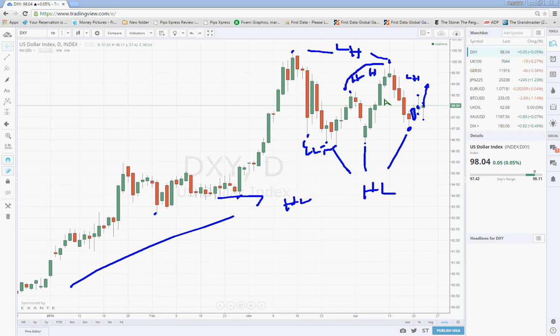So either one, to retest this low or that low to create this formation, or now back to this formation to retest these price points.